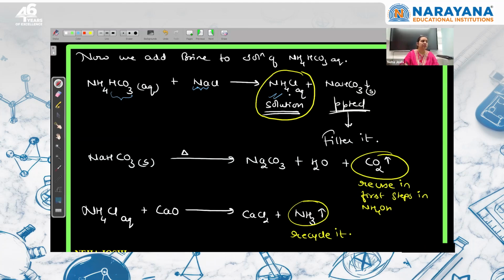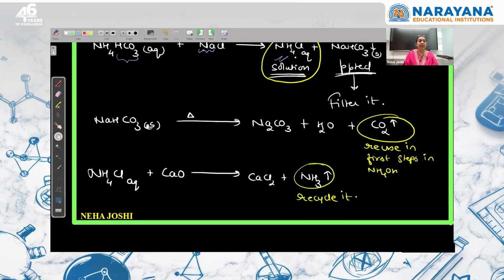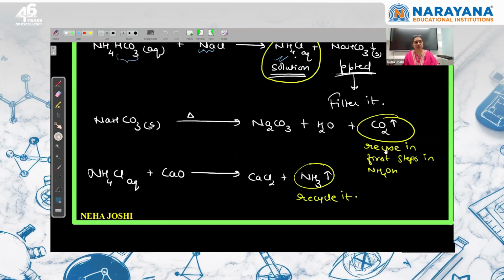We filter this precipitate, take it out of the medium and then heat it in dry state. When you heat it, bicarbonate is converted to carbonate. CO2 is again released. We do not lose it, we reuse it and take it back to our first stage where CO2 was passed through the aqueous ammonia container.